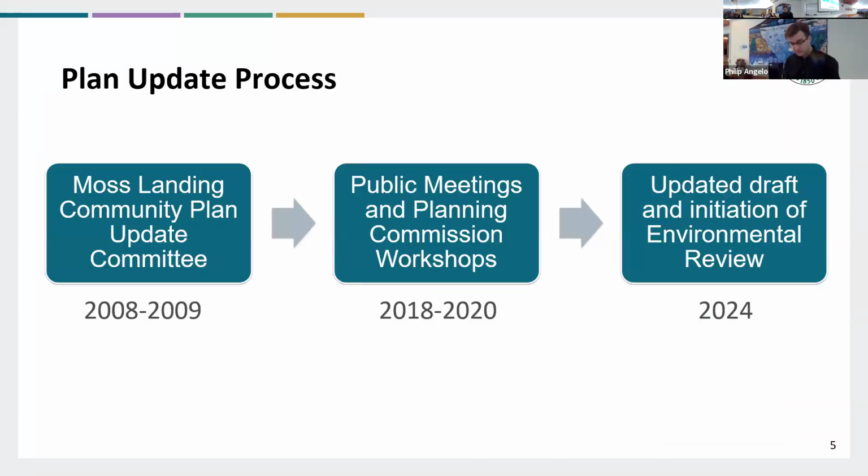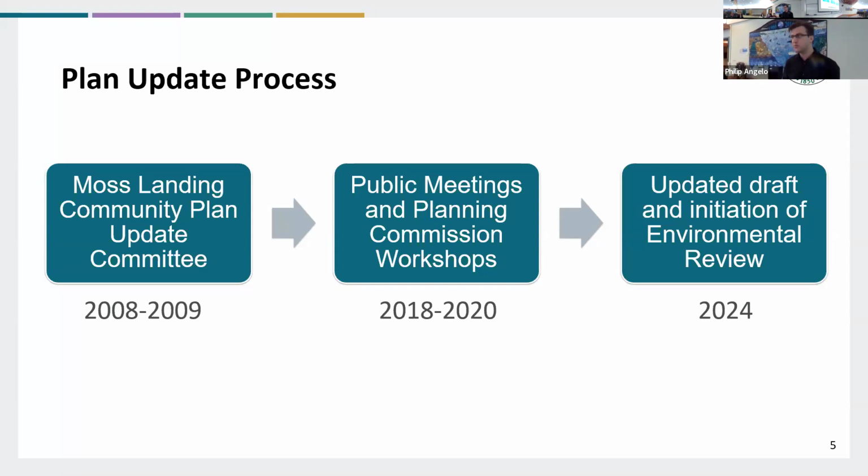The community plan update process began several years ago in 2008 in response to a Board of Supervisors referral. The Moss Landing Community Plan Update Committee was formed to review the existing plan and create a vision for the community's future. The recommendations of that update committee formed the foundation for the updated plan, which has been iterated several times over the years since then.